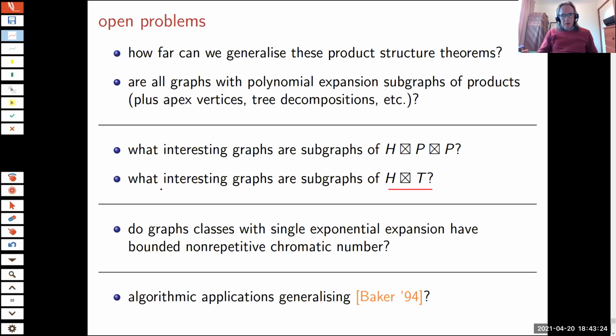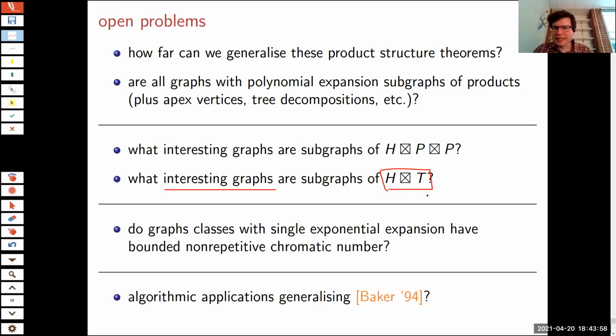But I don't know any really good examples of naturally defined graph classes that are subgraphs of H times T. But H times T, as long as T has got bounded degree, has got several of the properties that H times a path does have. So it is a good graph class to think about, but I actually don't know of any natural theorems, naturally defined classes that are subgraphs of H times T.